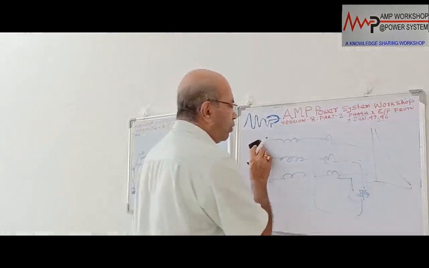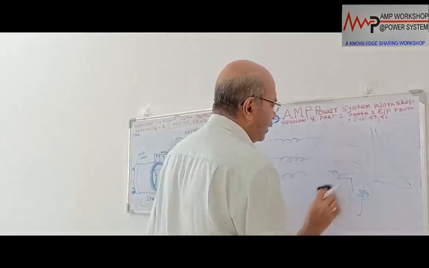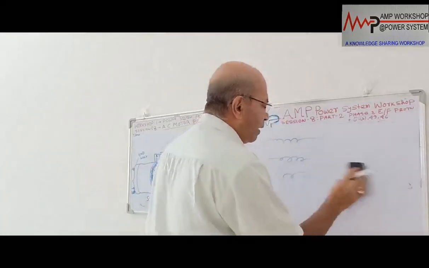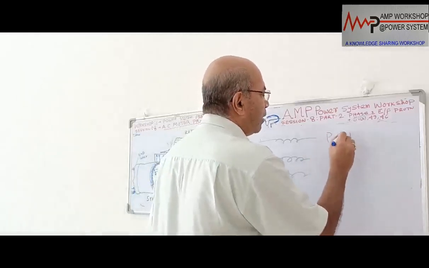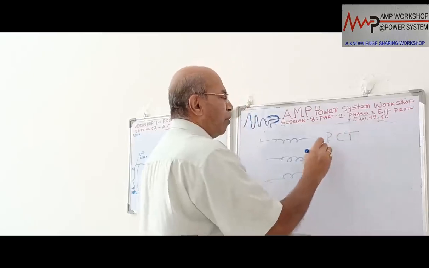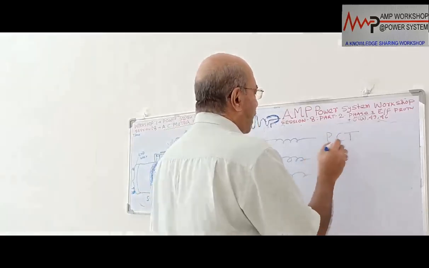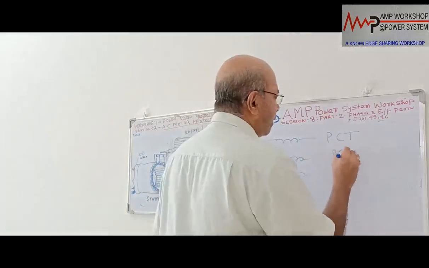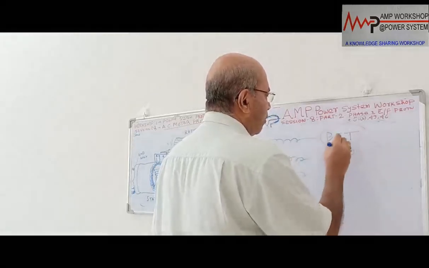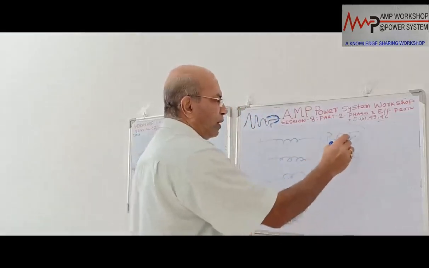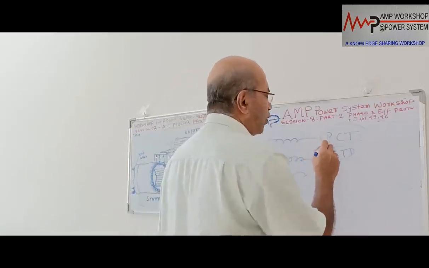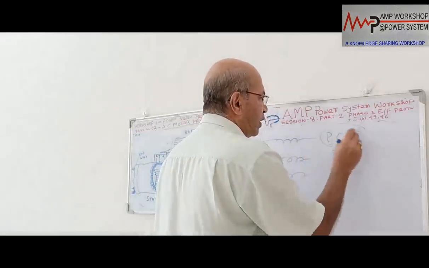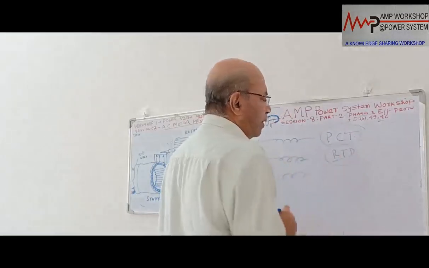The other way is that, instead of a CT, we can provide a temperature detecting device. There is the PTC, positive temperature coefficient, and another, the RTD, resistance temperature detector. Both are resistance devices. PTC is a positive temperature coefficient material, and the RTD is a resistance temperature detector.